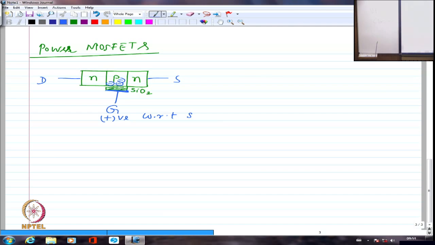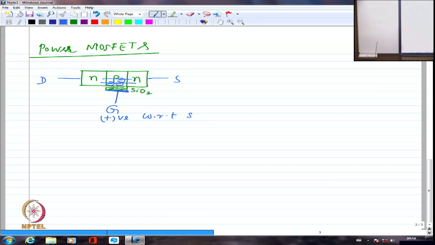So, the moment it crosses a threshold value of positive voltage, I am going to have a thoroughfare, literally, from this end to the other end. Until now, there was a barrier, because P was not allowing it to conduct freely, right? So, I would have a thoroughfare because of the accumulated negative charge. This accumulated negative charge is generally known as the channel. So, the channel opens up the moment I try to go beyond the threshold value of voltage between the gate and source.